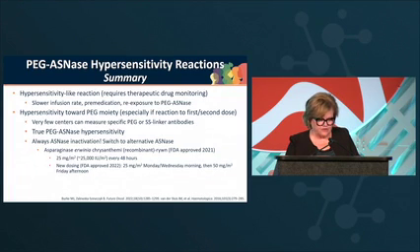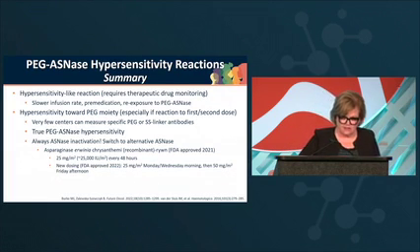We know that few centers can measure the specific PEG or the SS linker antibodies, but true PEG asparaginase hypersensitivity, we would want to switch our patient and always look and switch if they have asparaginase inactivation.